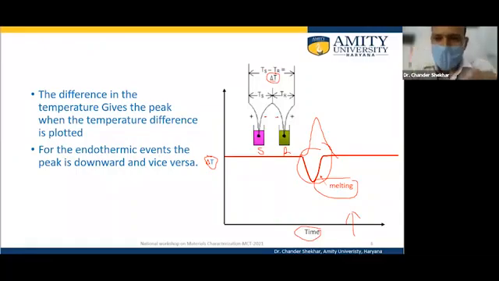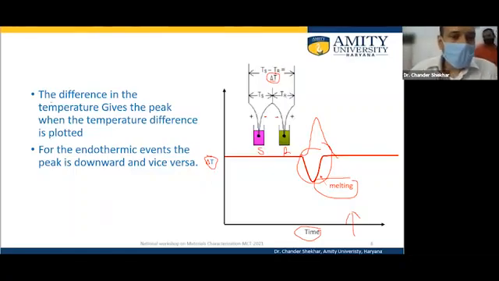So this very idea is expanded to accommodate various other transformations, including reactions. This example was only for melting, but all the other examples that we listed in the slide above can be accommodated.